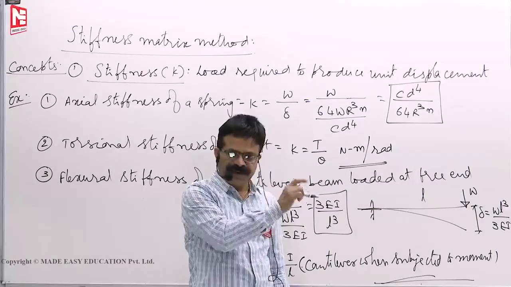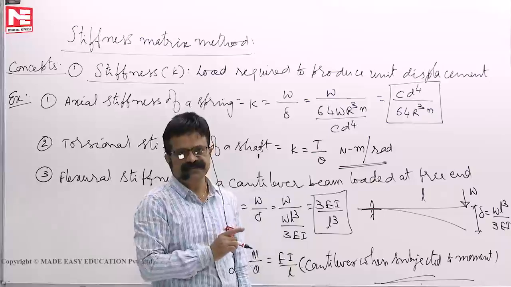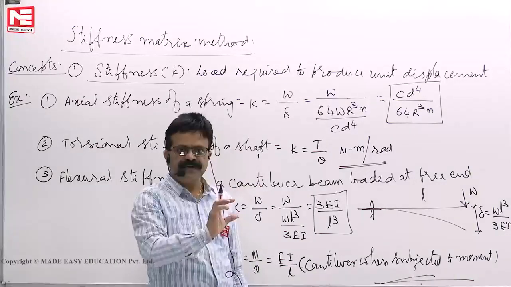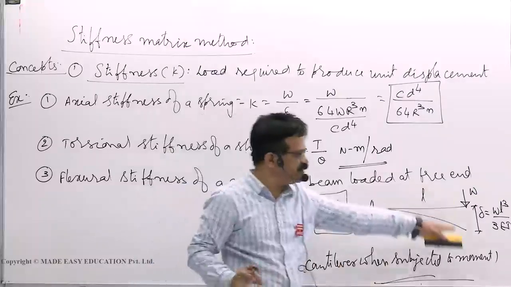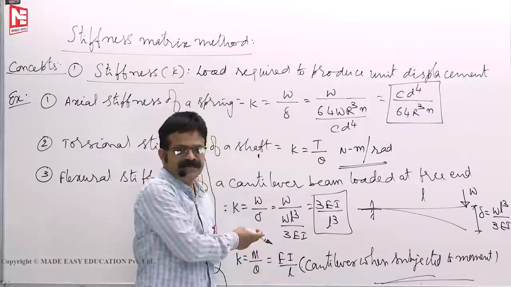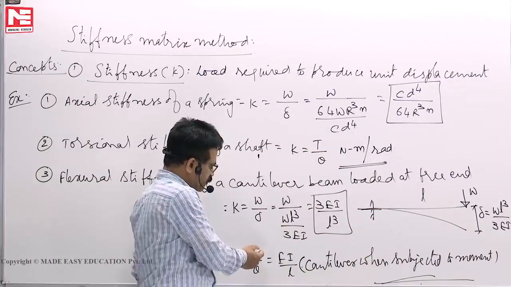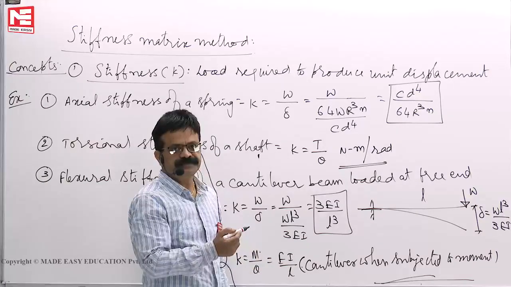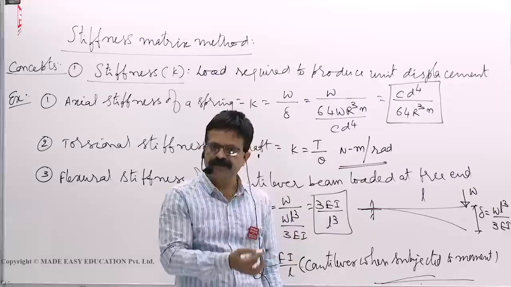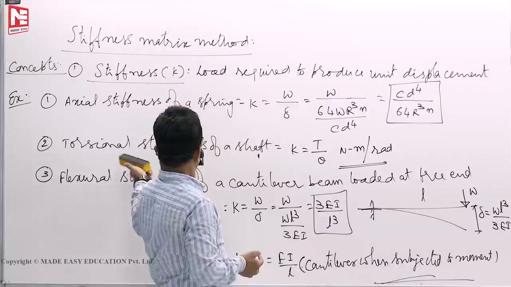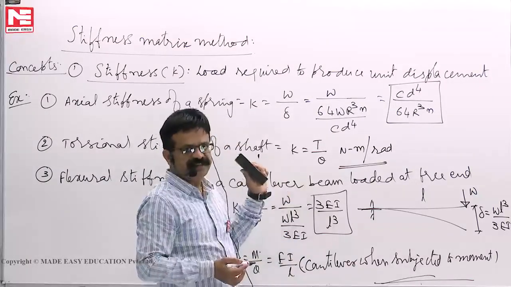Corresponding to each loading, you can get a stiffness. That means load required to produce unit displacement. That displacement can be linear or angular. Correspondingly, it can be W or it can be M. This is what you have studied in strength of materials, moment distribution method, and the torsion chapter.